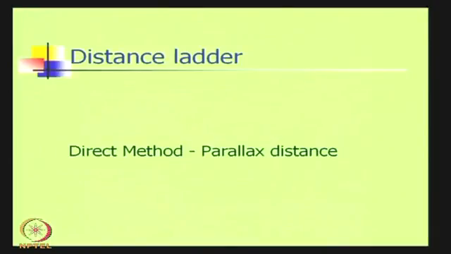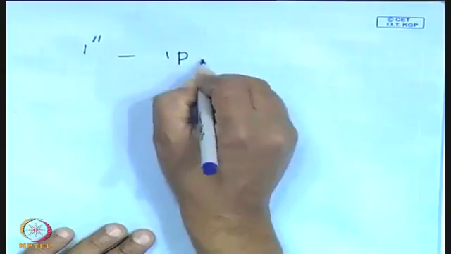I also told you that this entire thing is restricted because the atmosphere of the earth restricts the angular resolution, and thereby you are also restricted in determining distances because you need to determine the parallax. A parallax of 1 arc second corresponds to 1 parsec, and you are restricted to a fraction of an arc second on the earth.